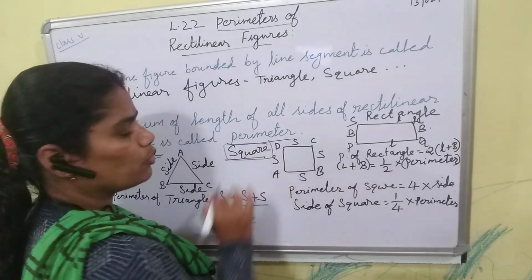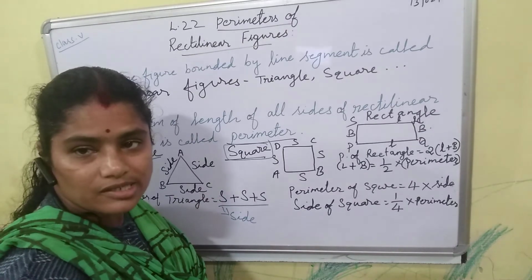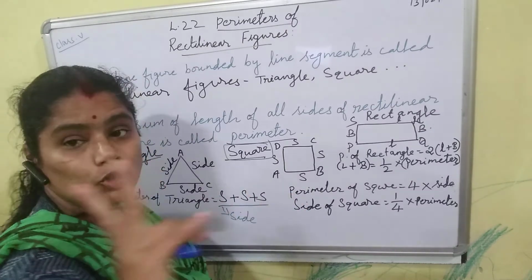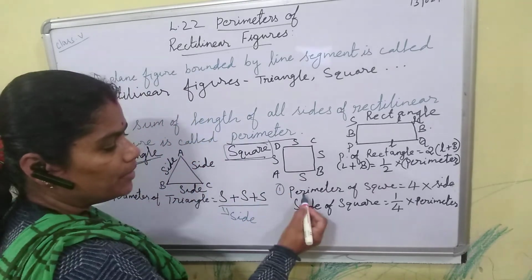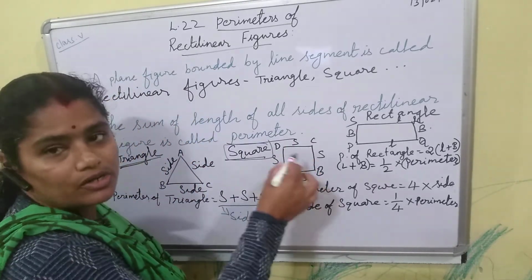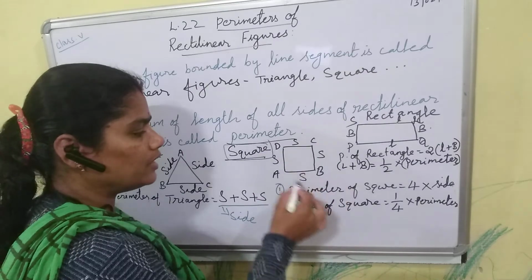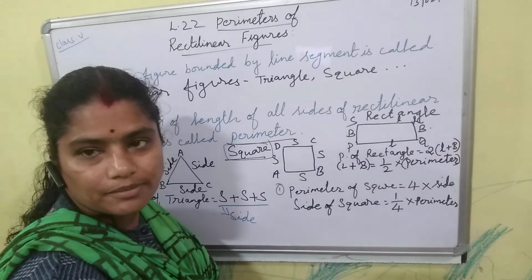The second topic is square. Square means 4 sides are equal. We made 2 formulas. One is perimeter: the perimeter of the square is the sum of all sides, so 4 multiply side.